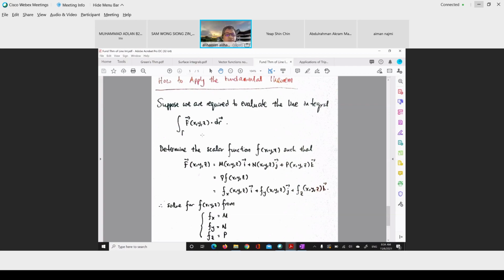Okay, and then it can be shown that the potential function phi is given in this form. Again, I leave it to you to verify this. So it is equal to this constant times 1 over the square root of x squared plus y squared plus z squared.